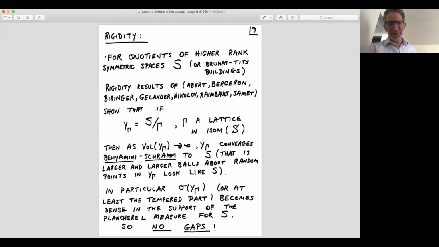And then it's a soft theorem from there. So this is a deep theorem. It comes from a lot of rigidity of higher rank lattices. But in particular, the spectrum, at least the tempered part, just ignore what that means, must converge to the Plancherel measure, and no gaps can be created.